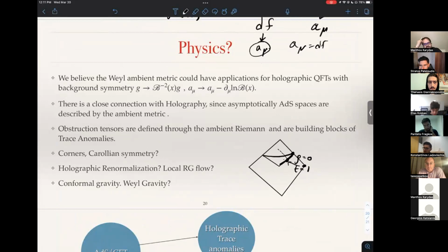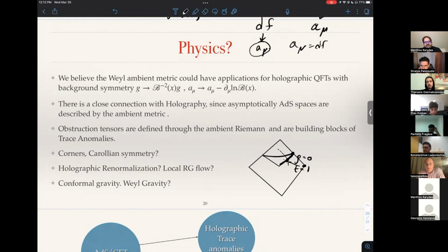Well, in the standard Fefferman-Graham story, where there is no Weyl connection, you specify a boundary metric and a boundary energy momentum tensor, which means you specify two of the subleading components of this g_ij, and then you produce all solutions of Einstein's equations.